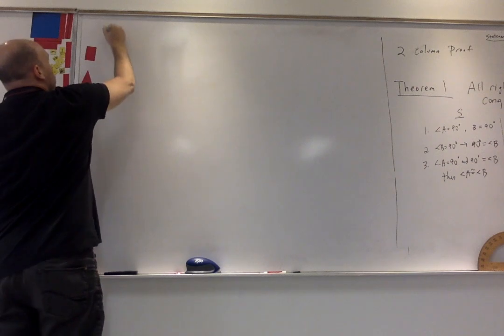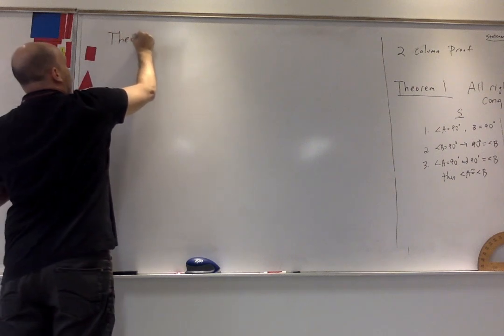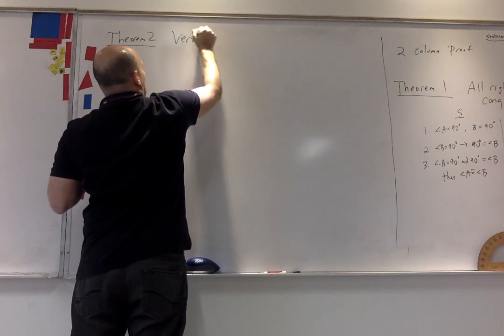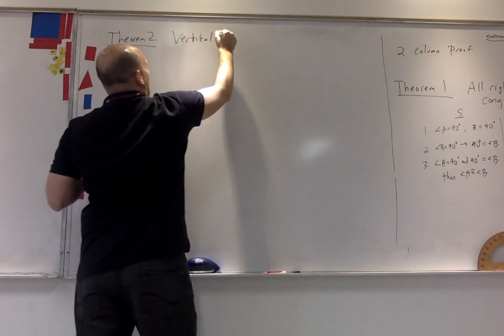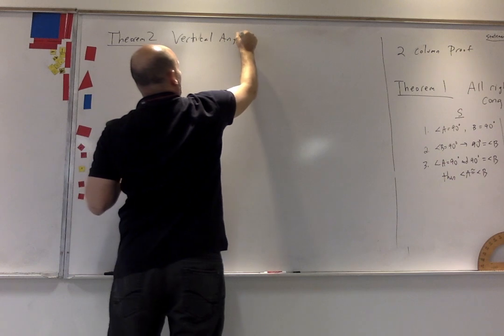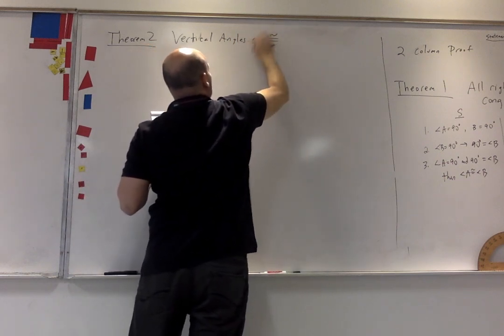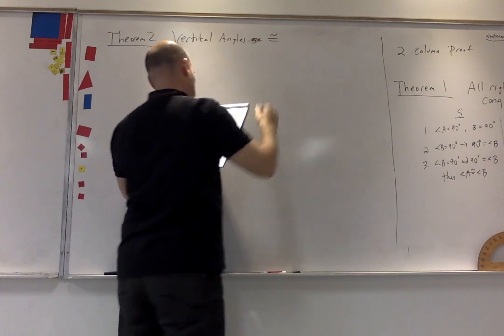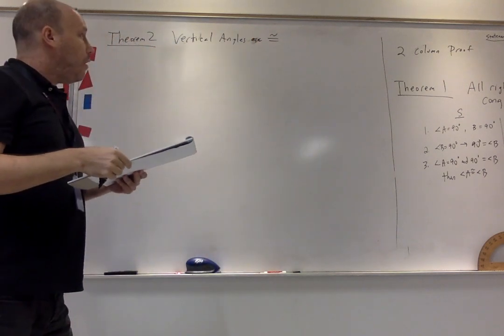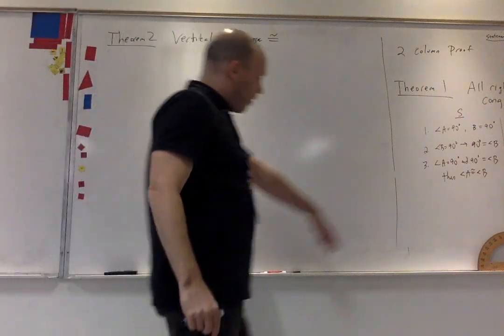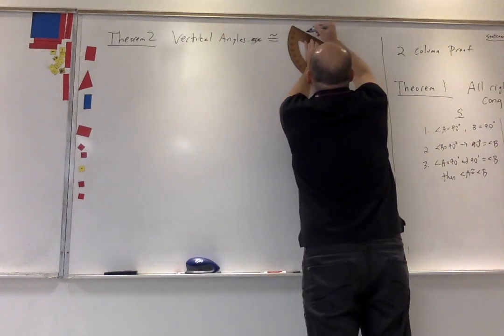Theorem 2. Vertical angles are congruent. Sorry. Okay, well, I'm going to draw a little diagram over here. Am I recording? Yes, I'm going to draw a little diagram over here.